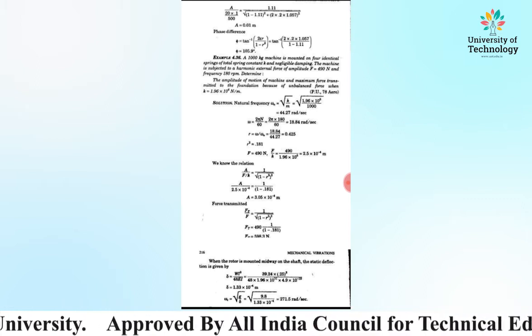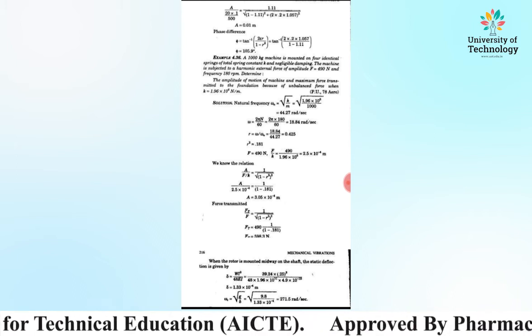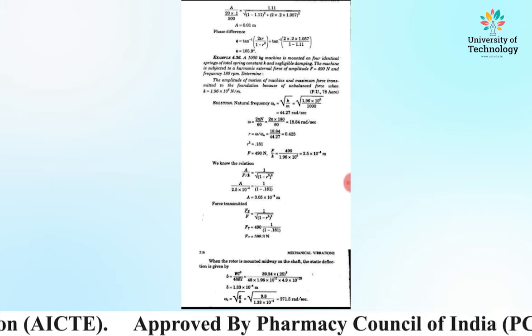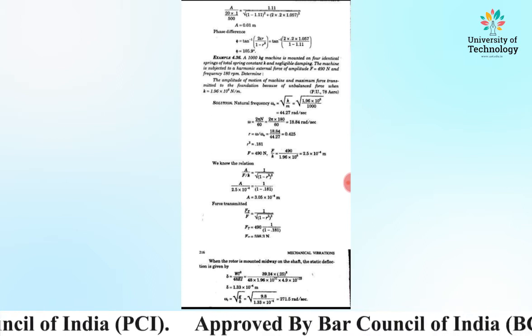By putting the values of m0, e and m, we get the amplitude value, that is equal to 0.01 meter.